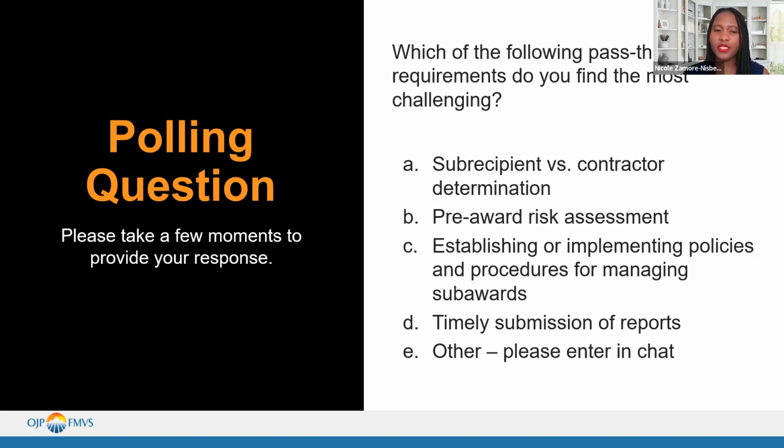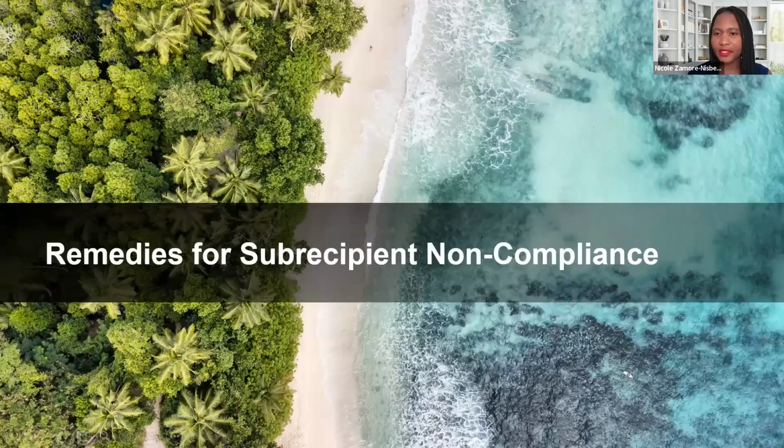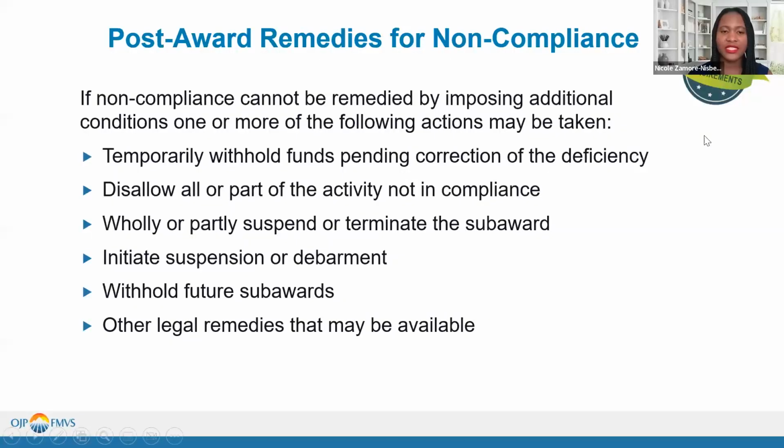So with that, we're going to transition into post-award remedies for non-compliance. Next slide, please. If you are a pass-through entity and your subrecipient has not remedied their non-compliance, you can impose additional conditions through one or more of the actions listed here.